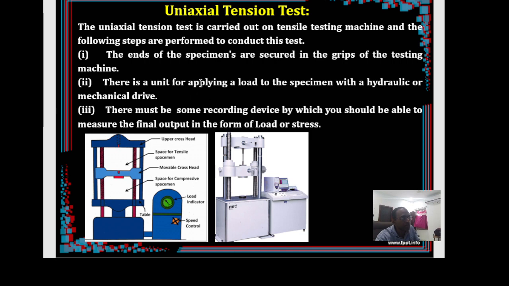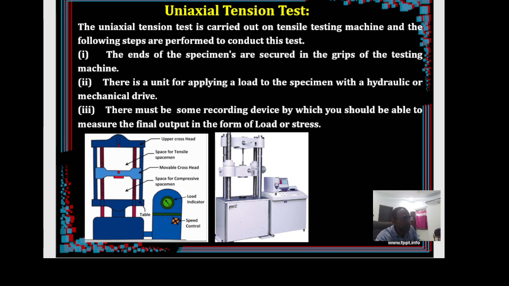So one unit is there for applying load, and another unit is there for recording how much stress is developed in the specimen, or how much deformation the material is undergoing, right? That you can note here. There is a recording device in the form of a computer or some kind of CPU system.